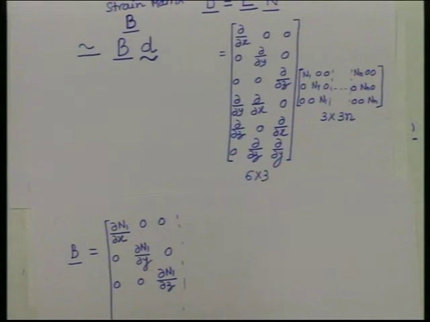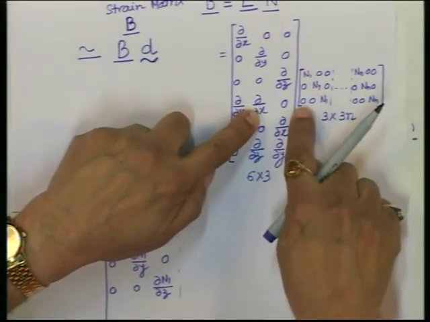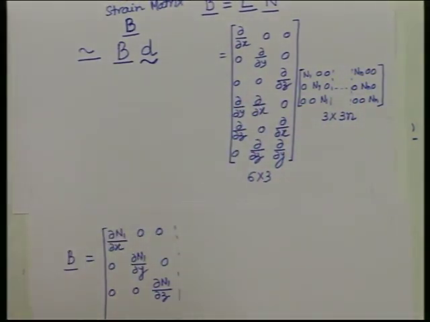Yes. So, we will get a 0, dN1 by dy, that is all. What about this? This multiplied by 0, this second one is coming 0. I think we have not made any mistake.